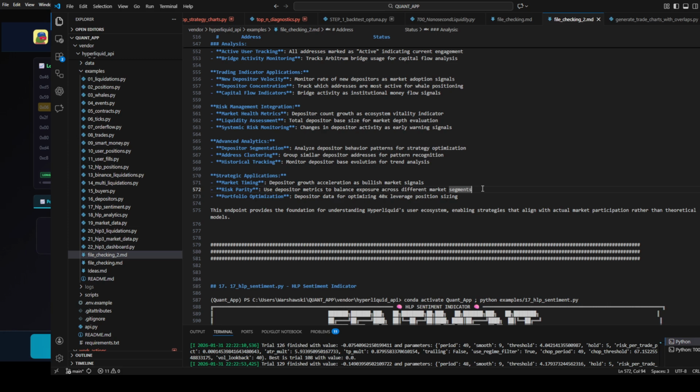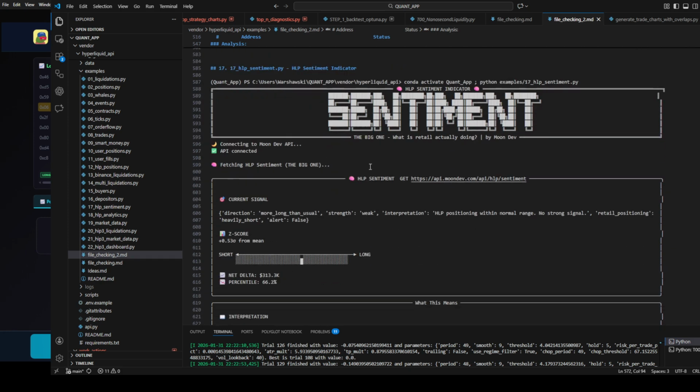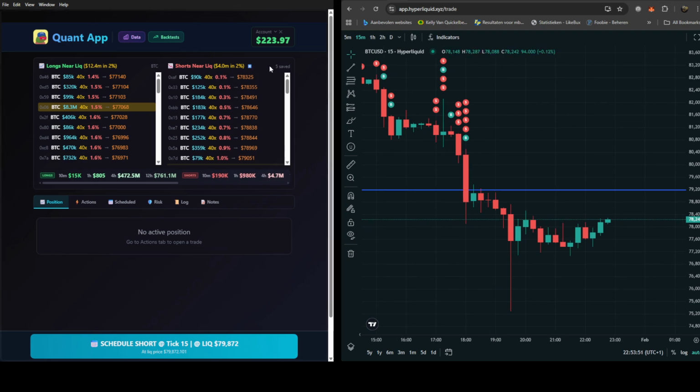This endpoint provides the foundation for understanding Hyperliquid's user ecosystem, enabling strategies that align with the actual market participation rather than theoretical models. So let's continue with the rest after we take a look.